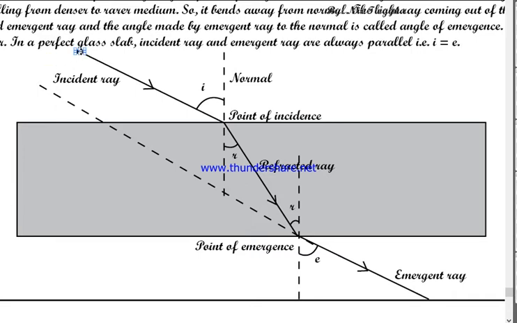Instead, you will see it somewhere else. You will see it here. Actually the object is here, but if you see through the glass slab, you will see the object here.